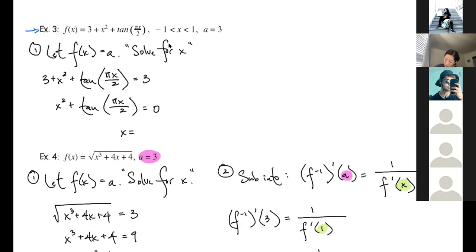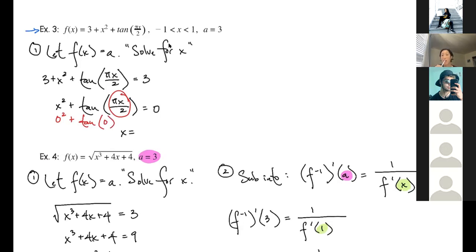All right, 0. Let's give that a try and see if that works. I put this in here, I get 0 squared, that part's good. And then this becomes tangent of, what does the inside become? What does pi x over 2 become if I plug in 0 for x? It becomes 0. Okay, so tangent of 0.